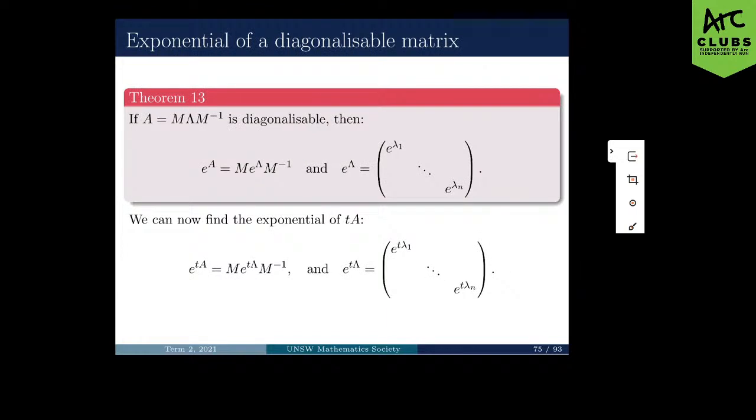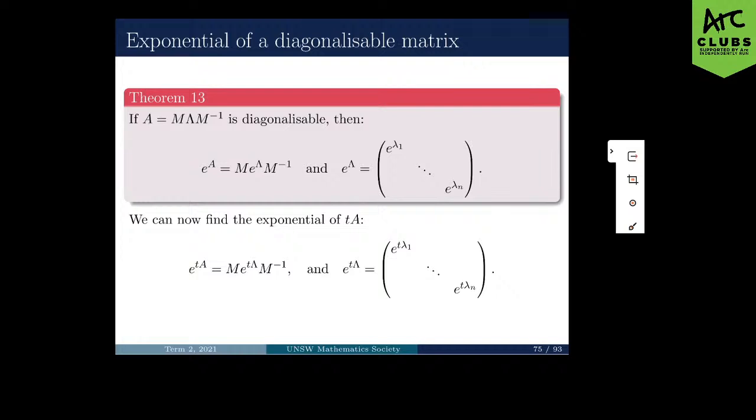Now we get on to how this helps us calculate exponentials of diagonalizable matrices. If A is a diagonalizable matrix that can be written as M times lambda times the inverse of M, then e to the power of A is equal to M times e to the power of lambda times the inverse of M. The exponential of diagonal matrices is also very easy to calculate because we just exponentiate the eigenvalues along the diagonal.